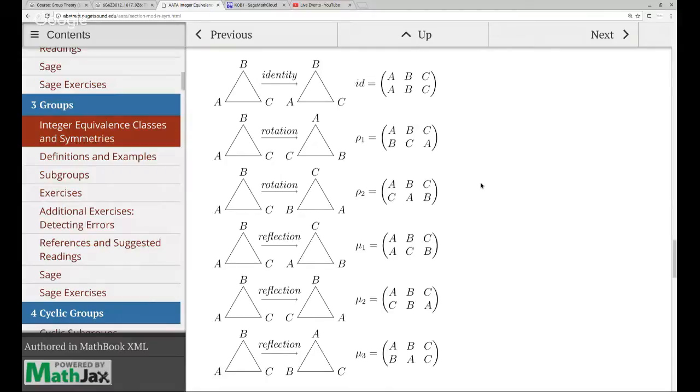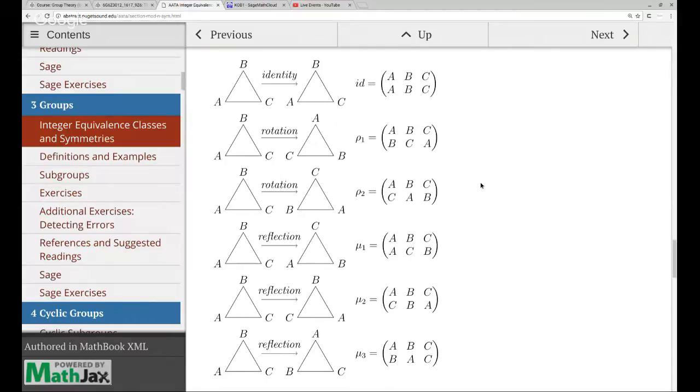Now he's also recorded them, or used notation for them, which we did see briefly in first year, which is an example of permutation notation. This notation corresponds here to transformations of the plane, but strictly speaking, it is just a notation for functions from a set of 3 labels to itself.